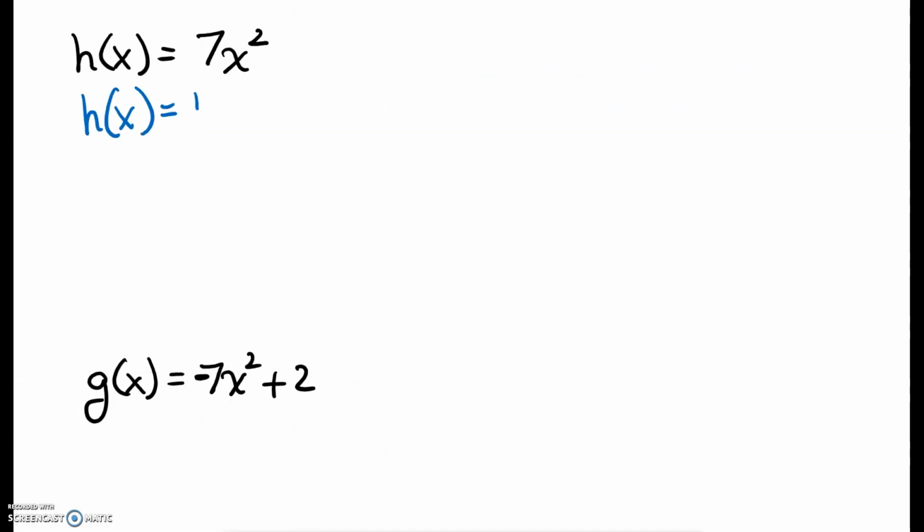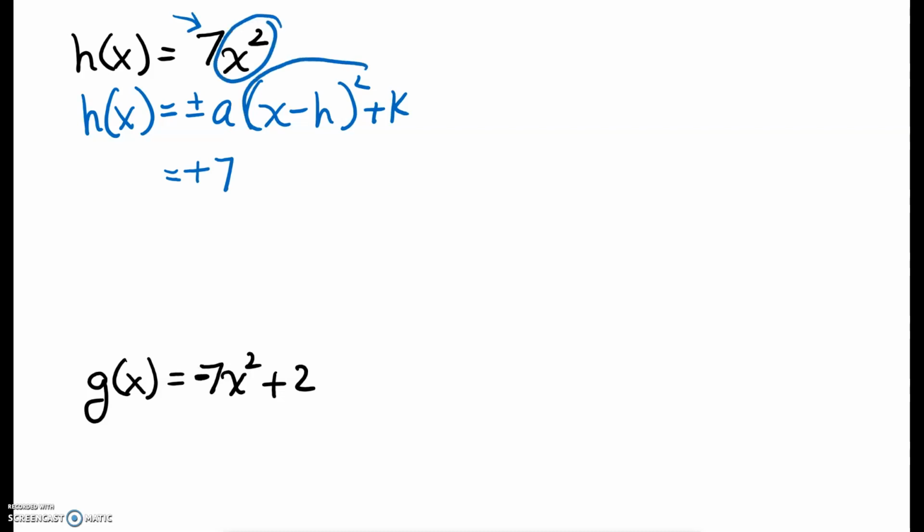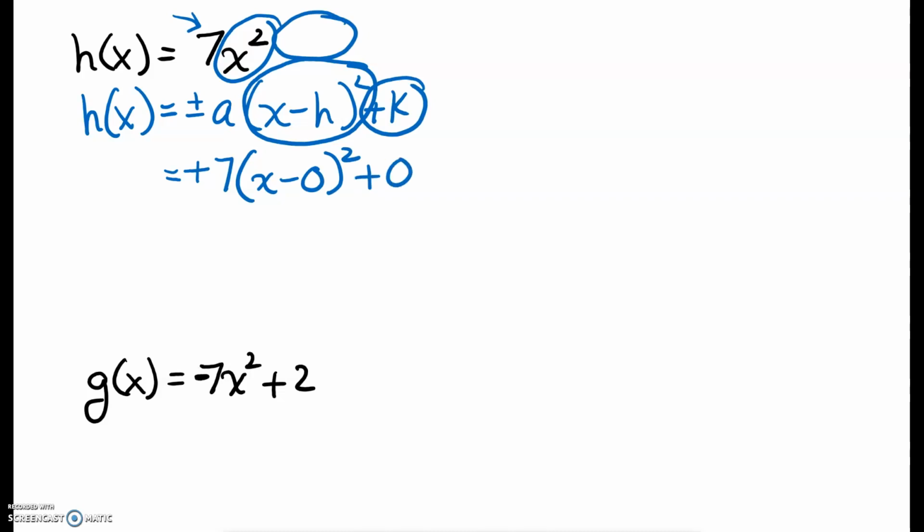So let's see, this doesn't look anything like my form here. So let's see if we can make it look alike. So the number in front of my squared term is a plus 7. My squared term has nothing being subtracted from x, so I need to subtract a 0. I have nothing being added at the end, so I need to add the 0. h and k, so h equals 0 and k equals 0.